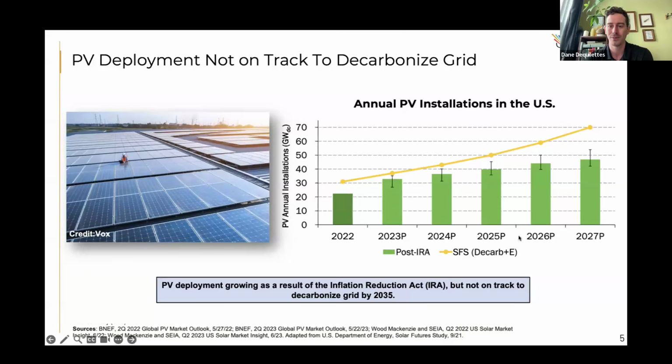That's from the Solar Futures Study by the DOE, the decarbonization plus electrification scenario, where you can see that the green bars are well below the yellow line. And that's where we really need to be. So there's still a lot of work to do from a lot of different aspects: the technology, but also the infrastructure, and so on.